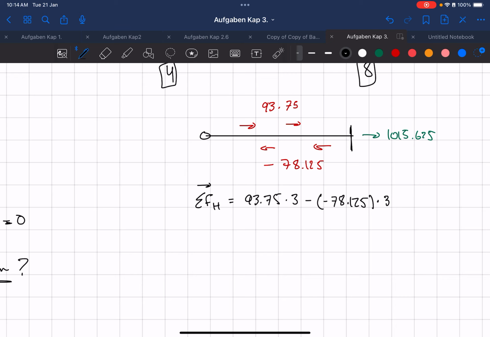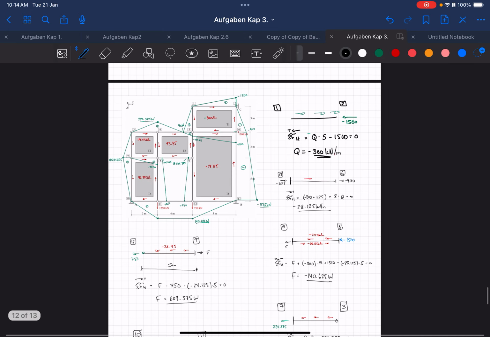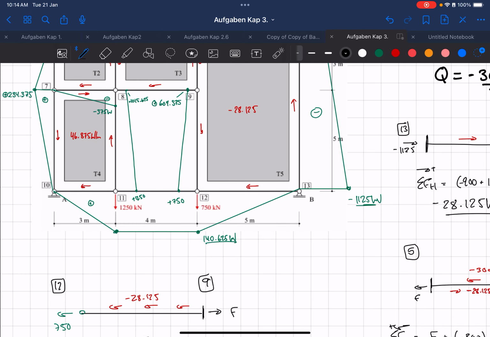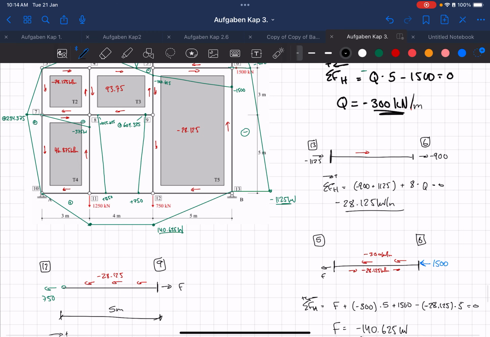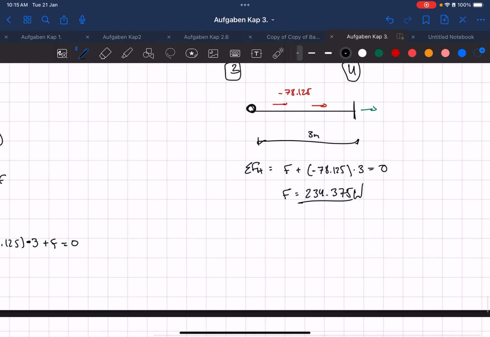Yeah, and then that should give 0.625. Does that make any sense? It's not making any sense right now, I don't think. Hold up. Isn't it negative? Whatever, what does that give me at the end?